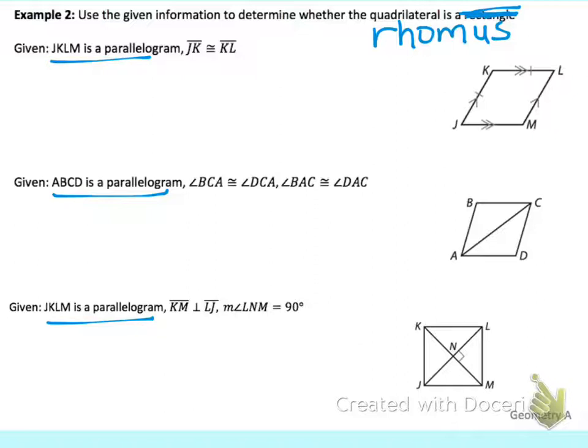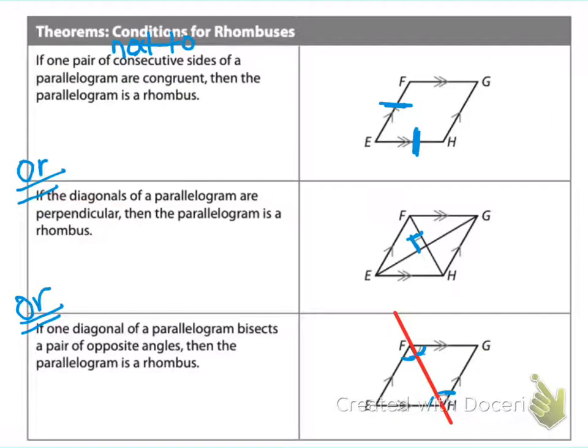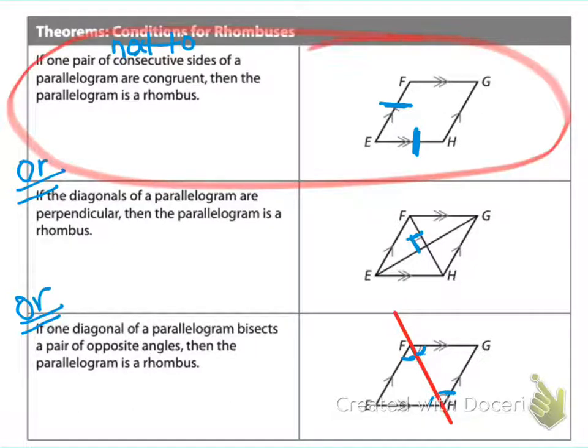The given information, beyond the fact that this is a parallelogram, is that JK, that's marked on here already, and KL are equal. So is that enough information, yes or no? Just drop your answer in the chat if you think this is enough to make it a rhombus. Let's look back at these conditions. The very first one said all you have to have is a parallelogram with a pair of sides next to each other that are equal.